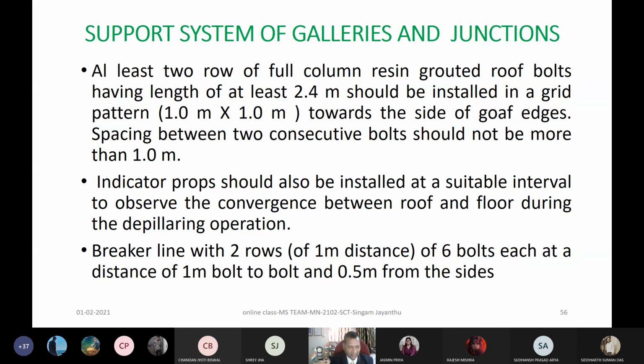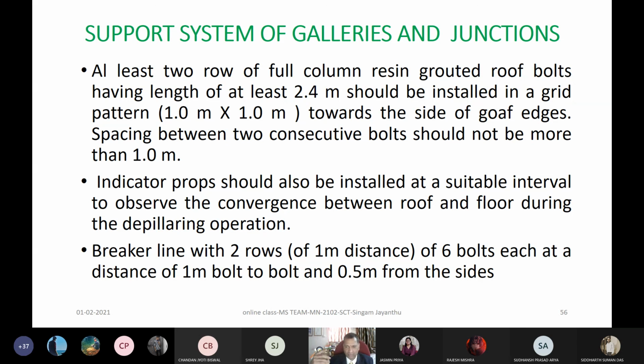Now, when I say breaker line support, you must have got what the meaning of breaker line support is. It is nothing but support near the goaf edge. Otherwise, in goaf edge support, we conventionally had skin-to-skin supports.